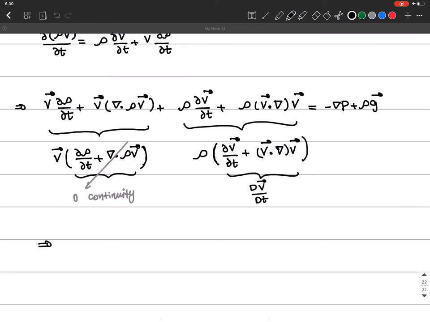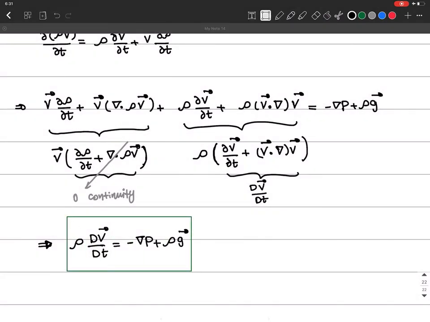So finally, the final differential equation that we get is: rho dv over dt equals minus grad p plus rho g. Okay. This is a very important equation.